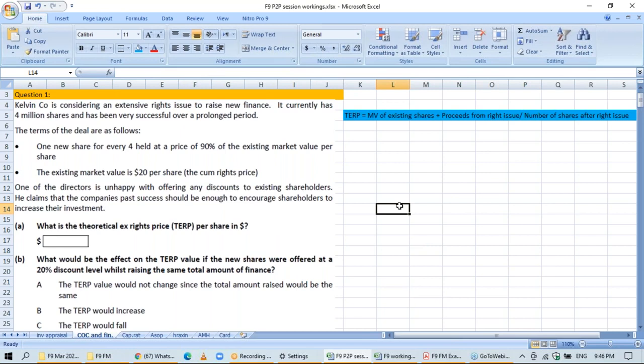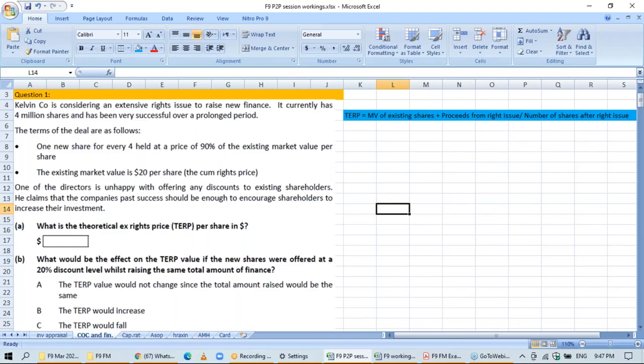Okay, the first question is about the theoretical X-right price. Question A. Theoretical X-right price per share in dollars. What is the theoretical X-right price? X-right means afterwards, and theoretical X-right price means after the right issue.